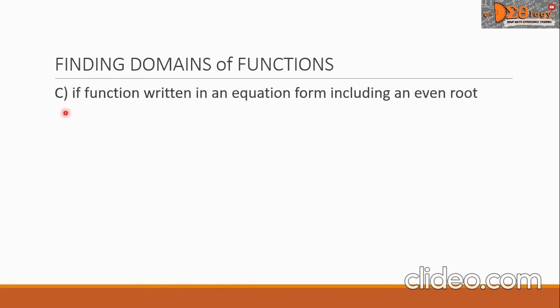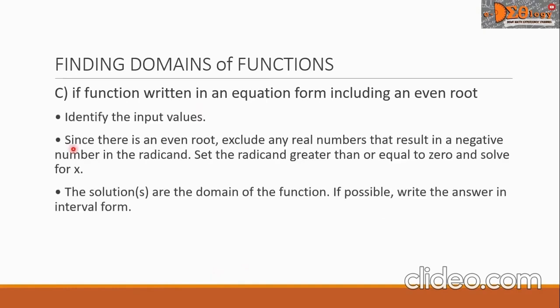Let's have this type: a function written in an equation form including an even root. It means we have a radical with an even numbered index. So we will first identify the input values.